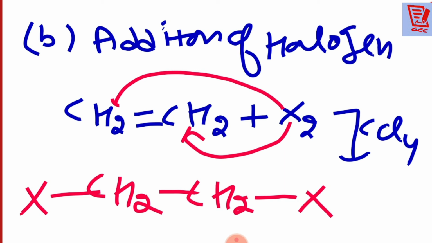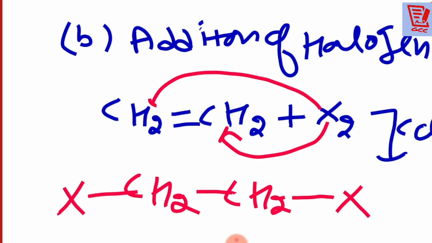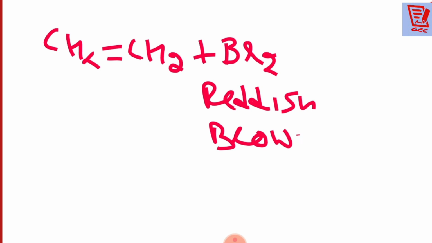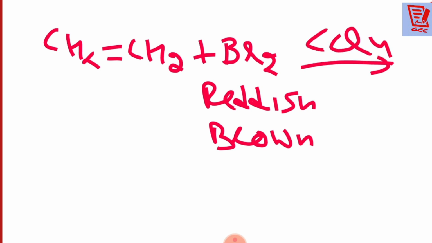And students, a very important point here: this is a test that we use in the lab also. When we give this reaction with, suppose, CH2 double bond CH2 plus Br2, Br2 is usually of reddish brown color. Which color is it? Reddish brown, in the presence of CCl4.